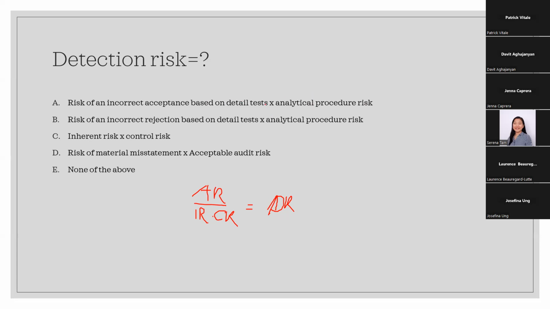Detailed tests and analytical procedure risk, it's more about these, right? Guys, don't forget this. There's this too, this AR. Is that mentioned here? Okay, so everyone thinks it's A.